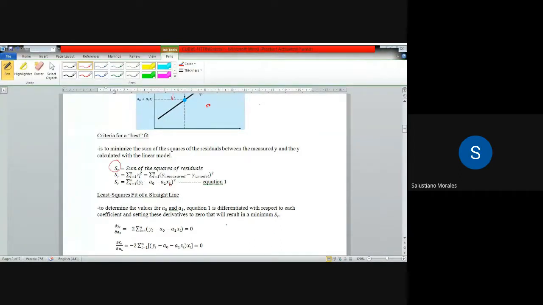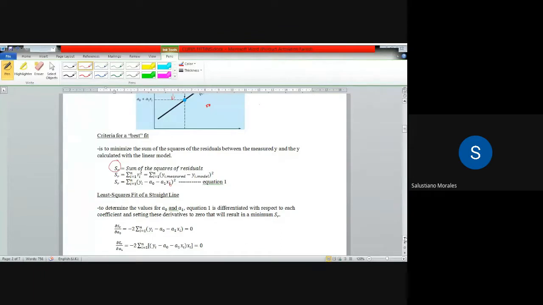So ganun ang gawin natin dito. So we will take the partial derivative of equation 1, that is SR, with respect to the coefficients, which are a0 and a1, and we set that to 0.